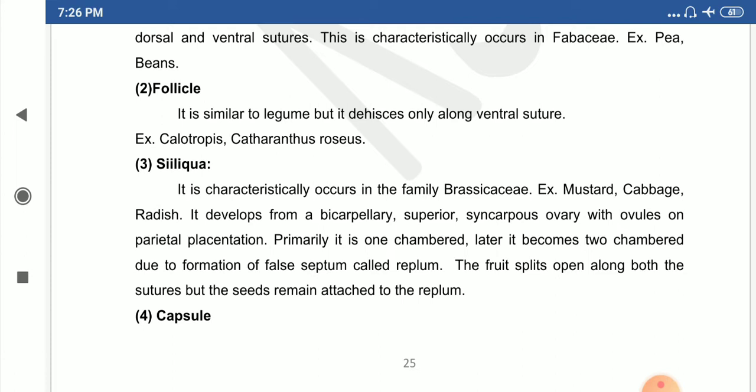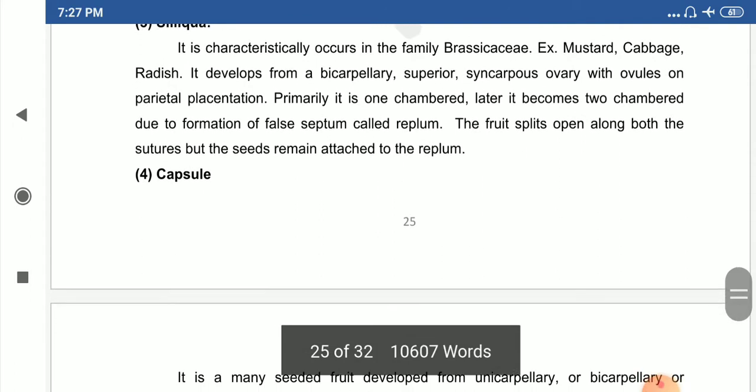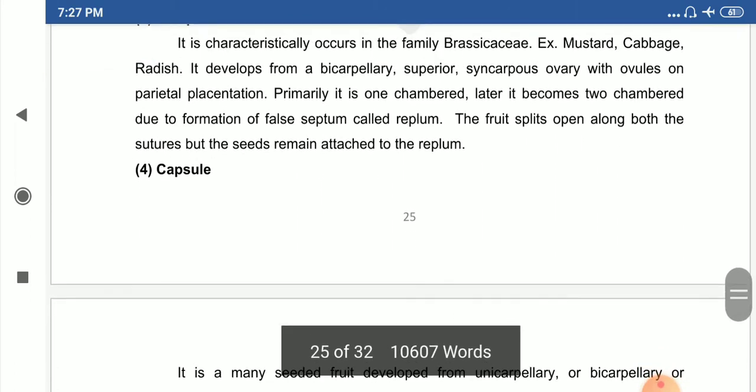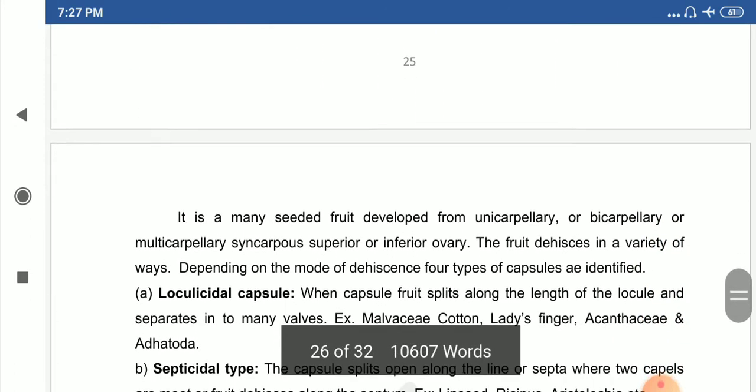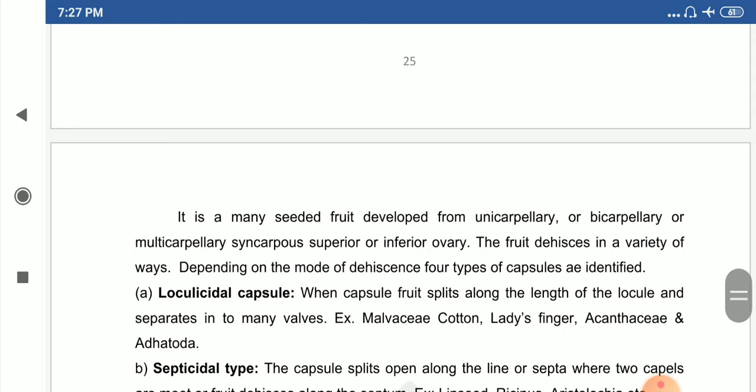The siliqua is characterized by the family Brassicaceae, and it develops from a bicarpellary, superior, syncarpous ovary with parietal placentation. Examples: mustard, cabbage. Next one is capsule. It is a many-seeded fruit developed from a unicarpellary or bicarpellary, syncarpous, superior or inferior ovary.